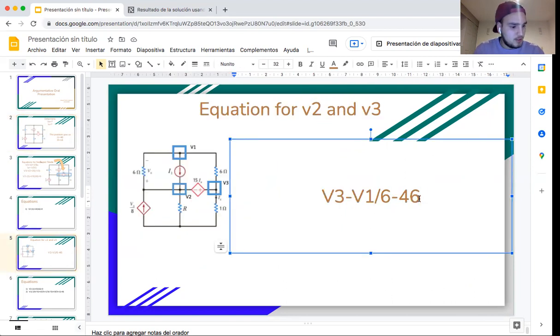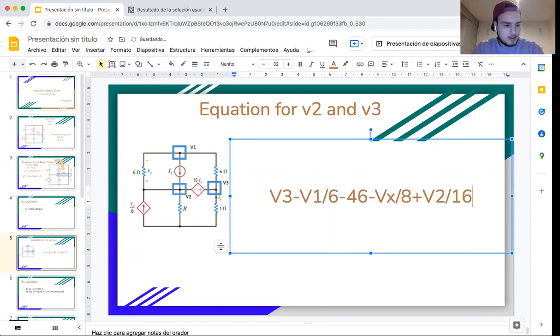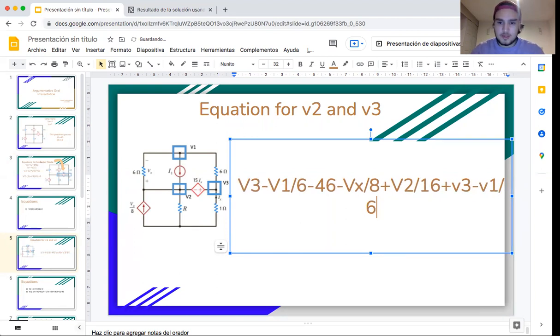So let's continue with minus Vx divided by 8 plus V2 divided by 16 plus V3 minus V1 divided by 6.